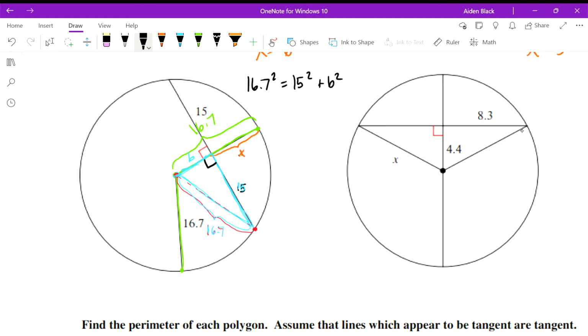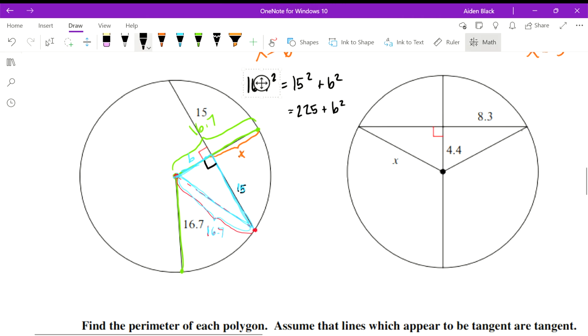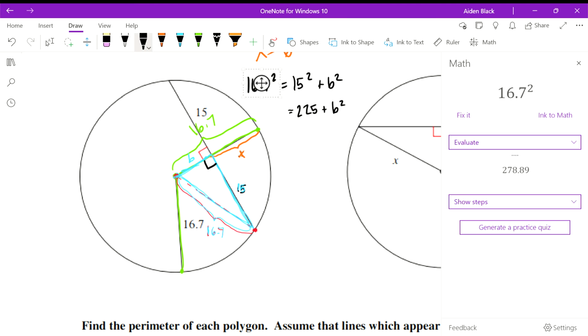Now we just need to evaluate. 15 squared is 225, and 16.7 squared is 278.89.